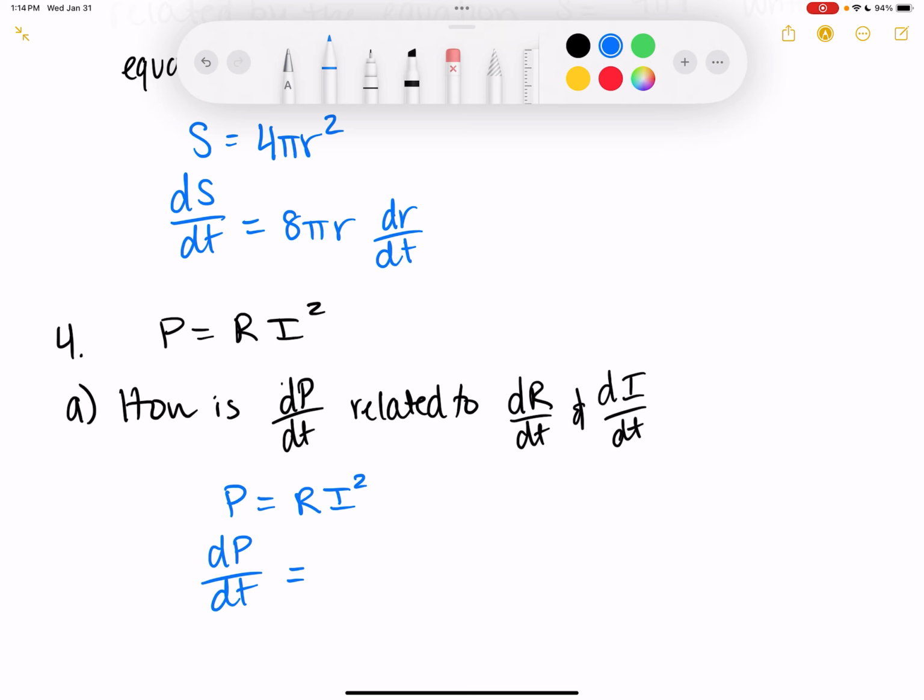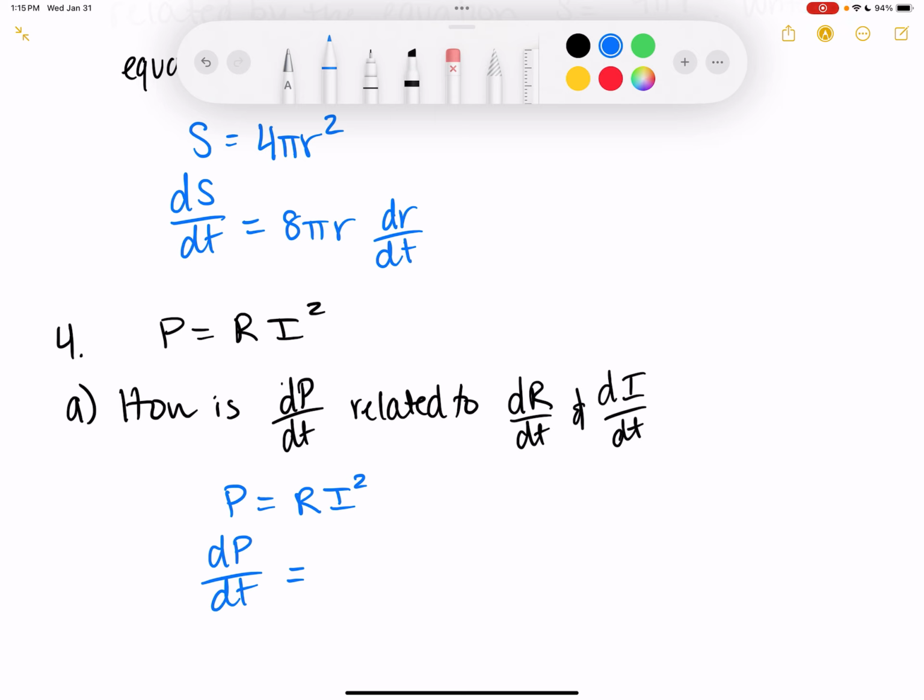Okay, so R and I, okay, those are being multiplied. So when I take the derivative, what might I need to do? The product rule. Yes, the product rule. I always get those mixed up.